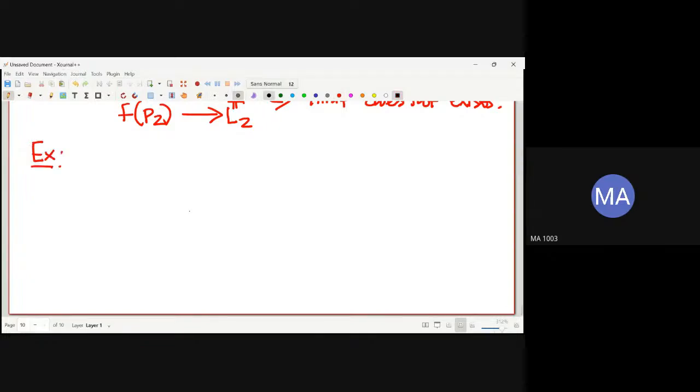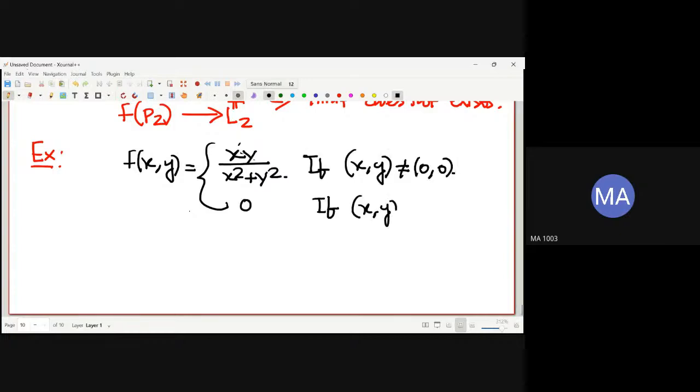Okay, so let me take an example. For example, you consider this function, take the easiest one, f(x, y) = xy by x square plus y square, of course if (x, y) is not equal to (0, 0), and this is 0 if (x, y) is the origin, right?